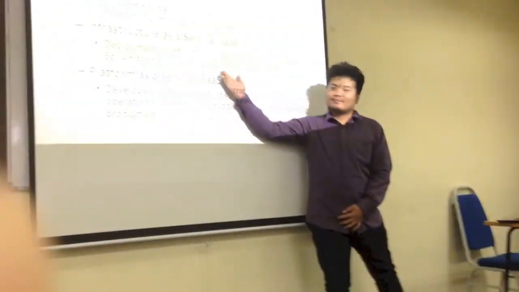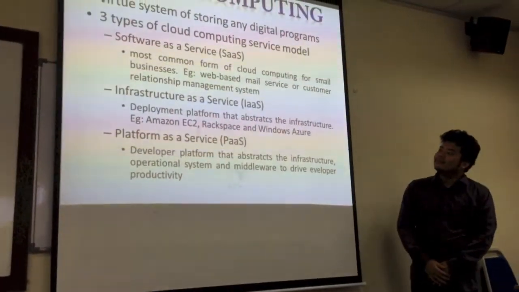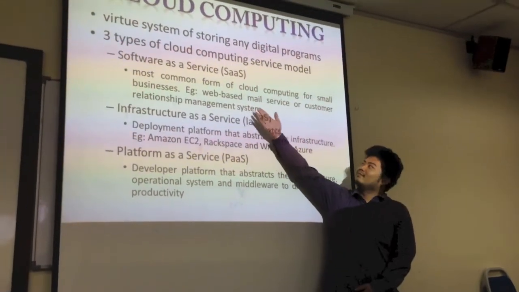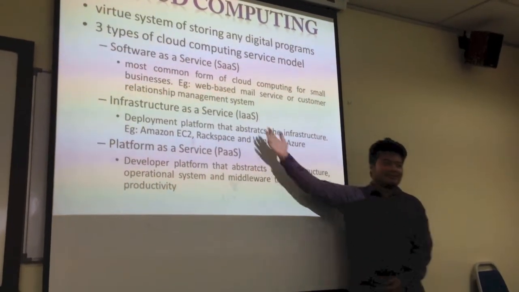The host is responsible for controlling and maintaining the application and software and updates the settings because the user has limited control over that. Examples of SaaS are web-based mail, emails, or customer relationship management systems. Next is the infrastructure as a service.